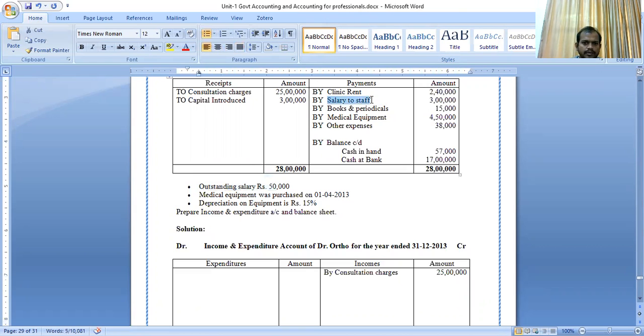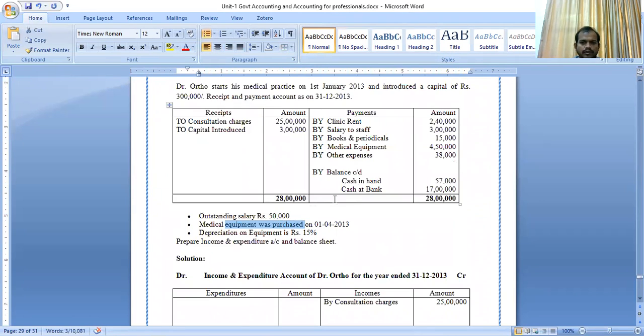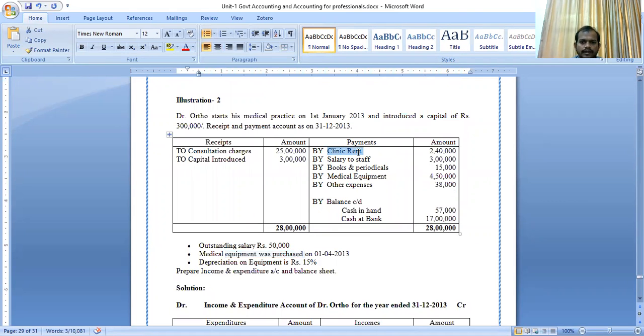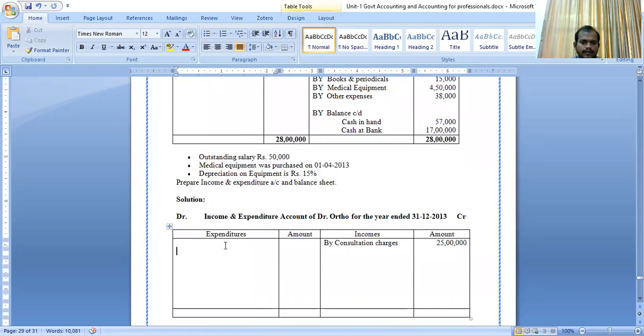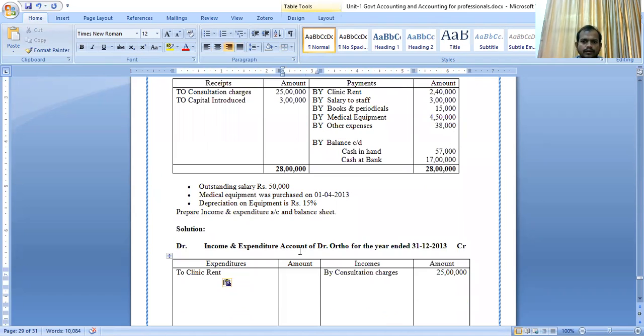Outstanding salary, salary is the payment, equipment purchased. Okay, so clinic rent 2,40,000, and salary to staff 3 lakhs, but we have an outstanding amount of 50,000.